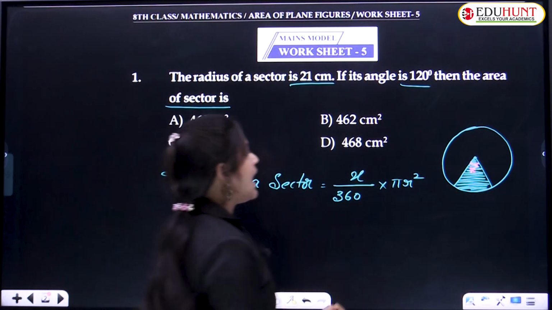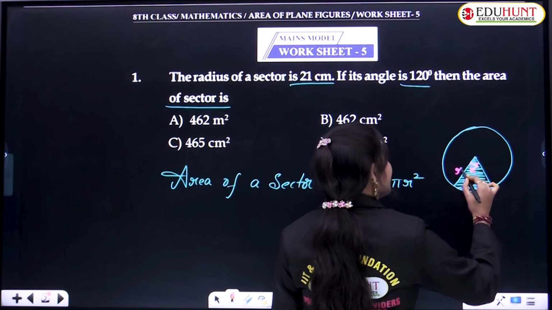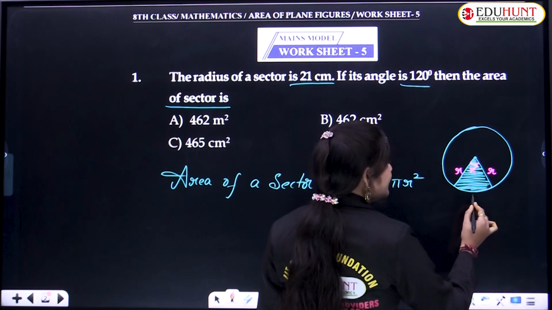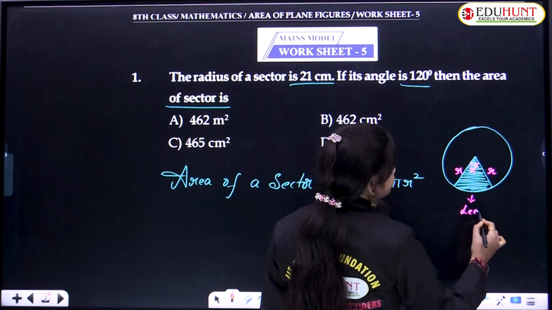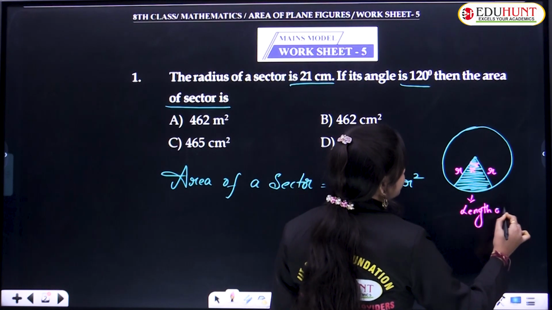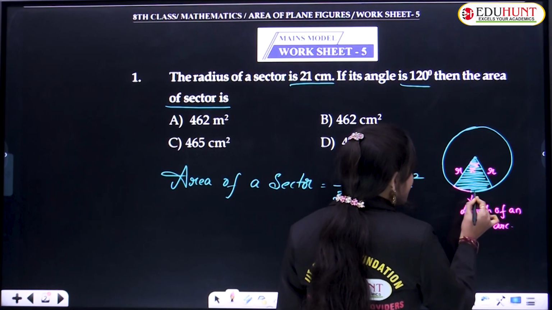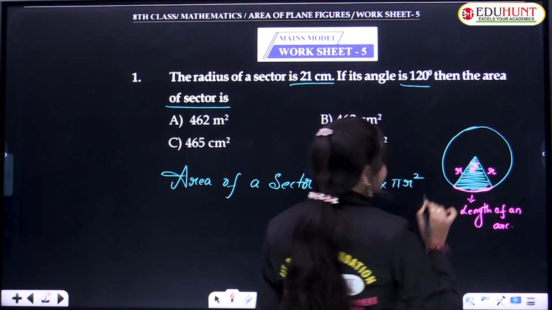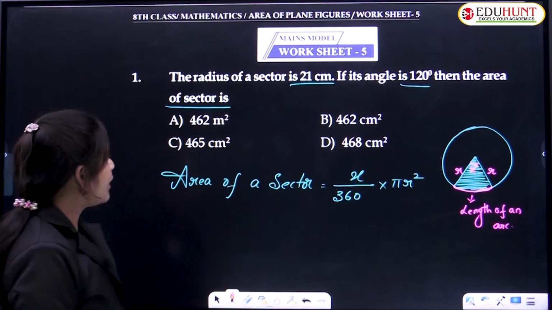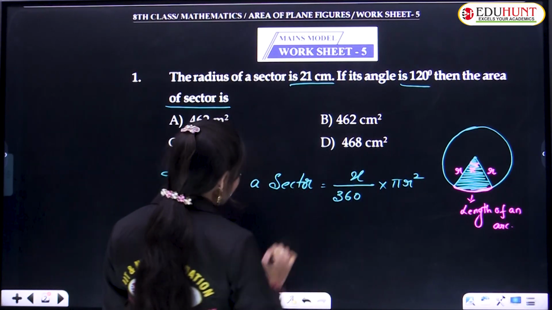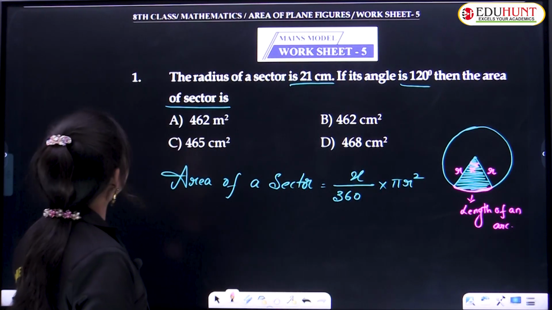And this is the radius r, and this is also a radius, and this is the length of the arc. Understood?